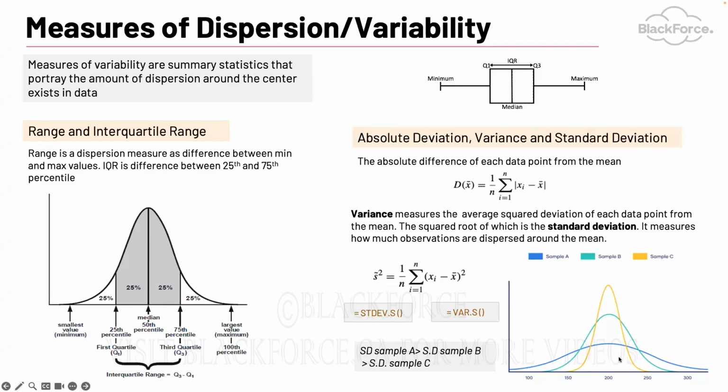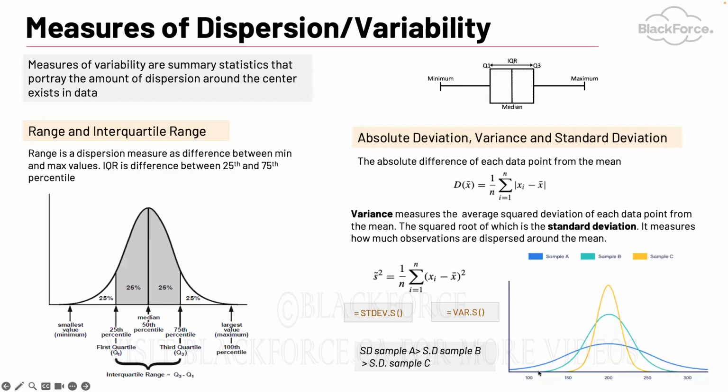Now, think about it this way. Remember I was saying, when you're analyzing data or getting insights from it, these 3 distributions have the same mean. Let's say this is sales in 3 different stores. They all have 200 as their mean. But that's not the whole story about the data, right?